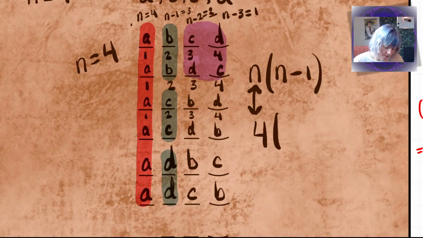So I know I'm going to have 4 of these entire things. I know I'm going to have 3 of whatever these are, right? So there's 3, but what is 3 in terms of n? It's n minus 1, and that's why these are the same terms.